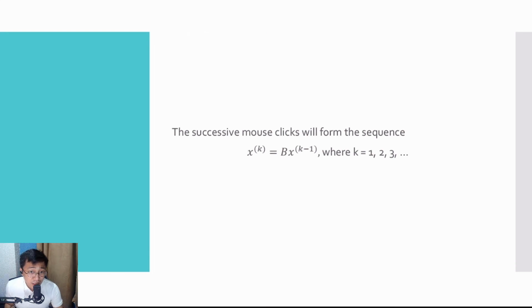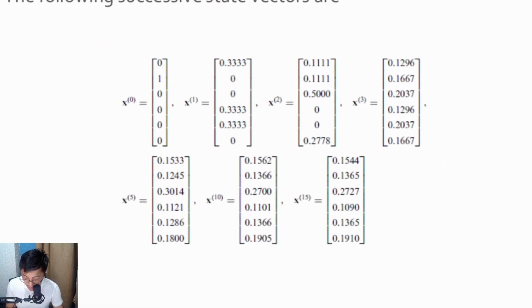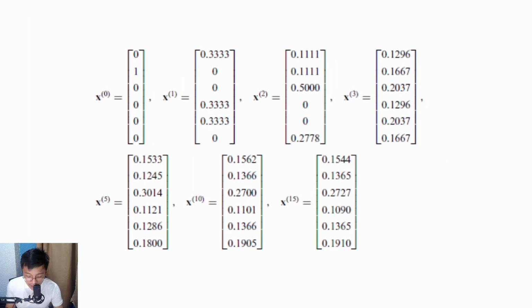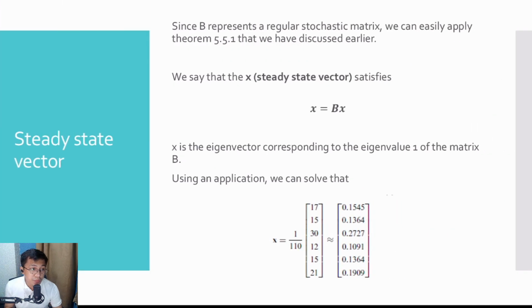So the successive mouse clicks will form the sequence shown below. And then the following successive state vectors will be like this. And if you notice, if we get x raised to 15, it starts to stabilize in accordance with the table that we have seen earlier. So let's also define the steady state vector, which corresponds to the eigenvalue equal to 1 of our matrix.